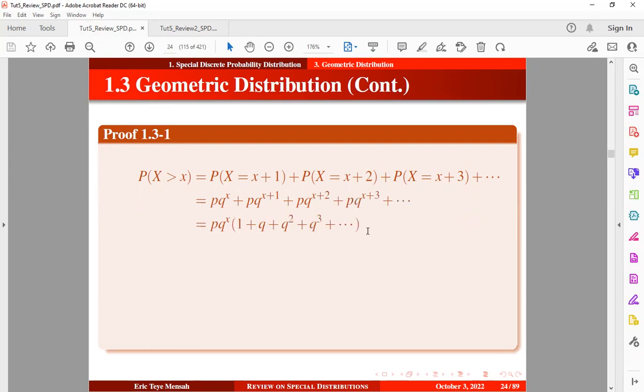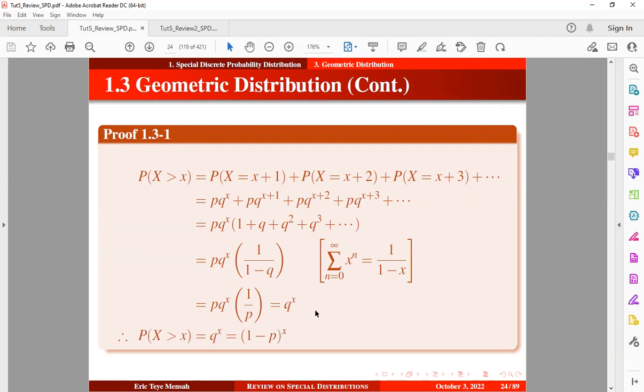Once you factor out p and q raised to the power x, you obtain this, and you can say that this is similar to the sum of an infinite geometric series, with the first term being 1 and the common ratio being less than 1. So we can rewrite this in this form. If I replace x by q, I can rewrite this as 1 divided by 1 minus q, which is similar to what I have here. Now we know that 1 minus q is equal to p, so once we multiply through, we obtain this, and this ends the proof.